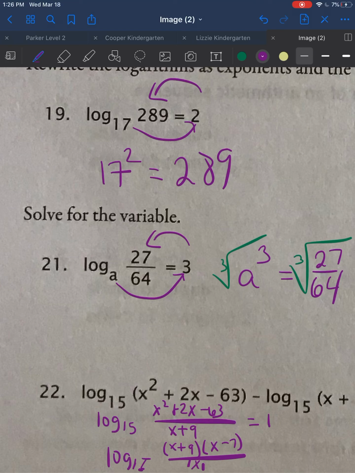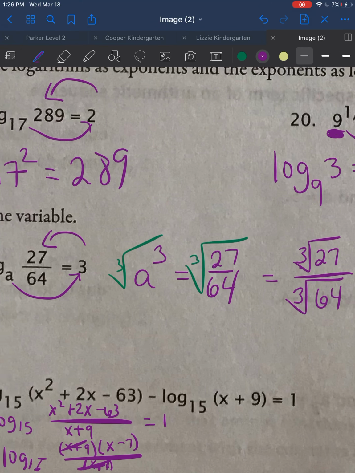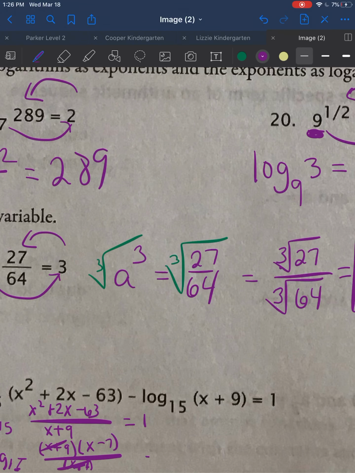So then we've got x plus 9 on the bottom. Oh, y'all, this is getting ugly. Pretend our x plus 9s cancel out. So we're going to write it prettier over here. What we're left with is log base 15 of x minus 7 is equal to 1.